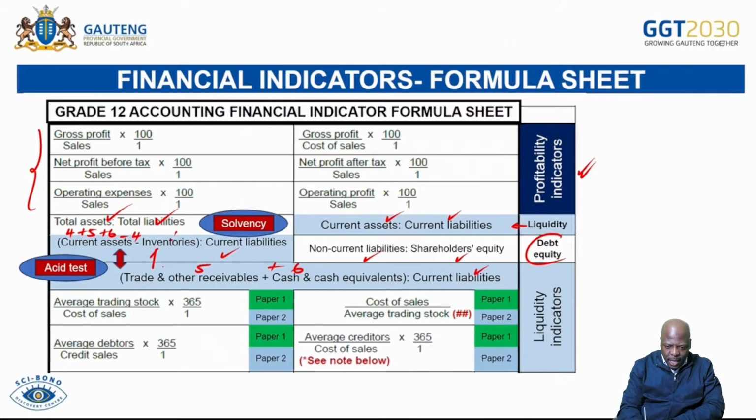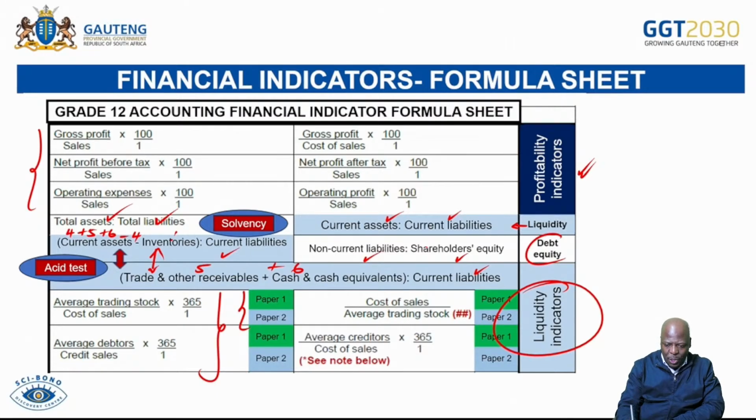You find it up there and down here, one and the same thing. And then these financial indicators here can be tested in both paper 1 and paper 2. So you have your average trading stock over cost of sales. You have to know their names, and they get tested in both papers. These are your liquidity financial indicators.